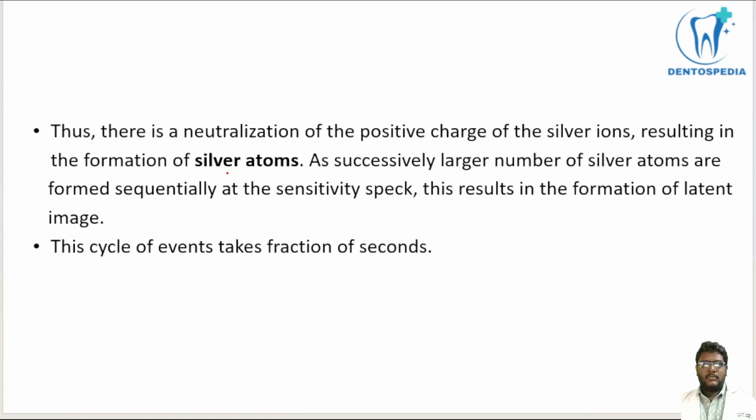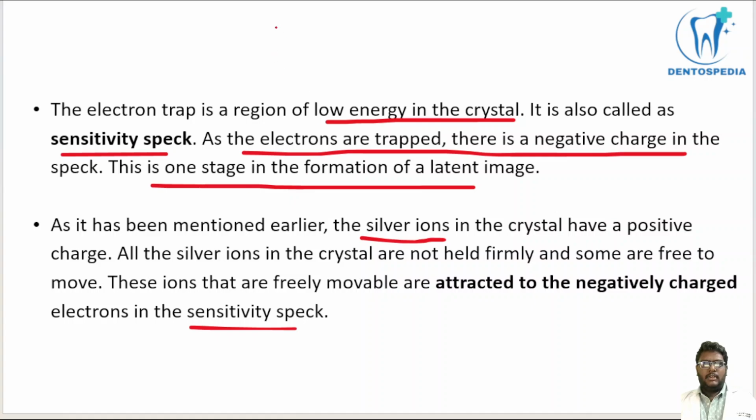Silver ions are represented by Ag plus, which means it has lost one electron. So it tries to gain an electron and become stable. We have discussed the basic differences between ions and atoms.